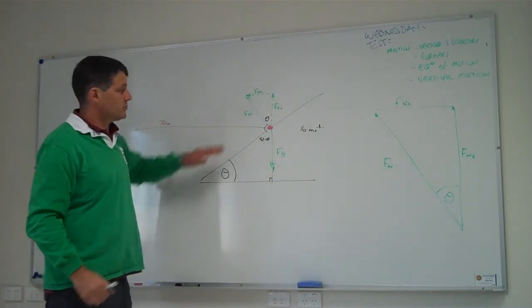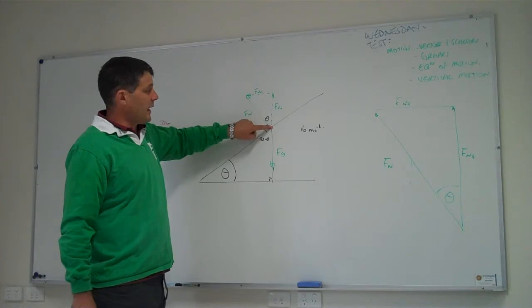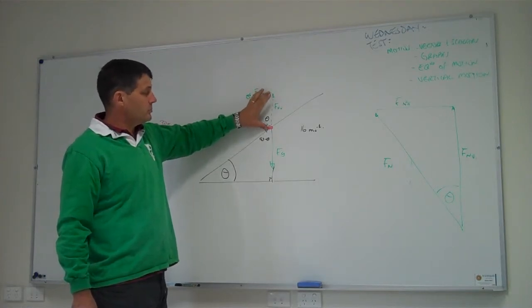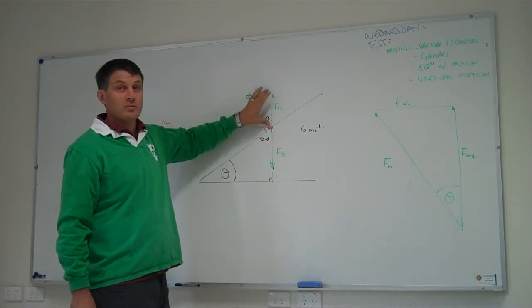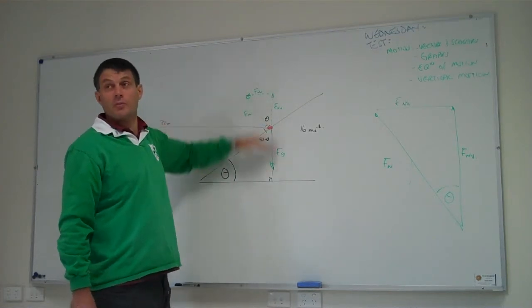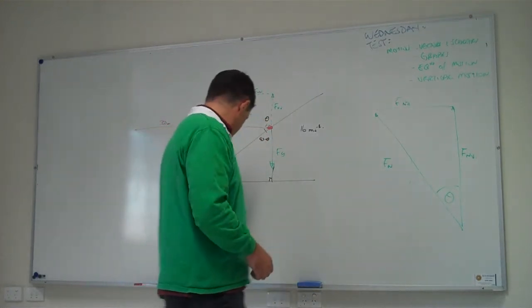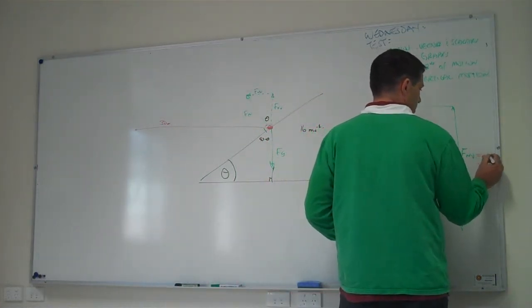Now, at that point, the force normal vertical and the force due to gravity are actually the same. They are opposite, and it's not accelerating up or down. So that one there is going to be equal to mg.